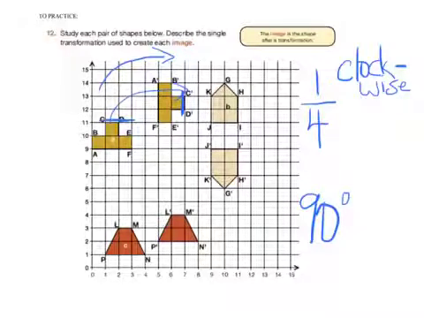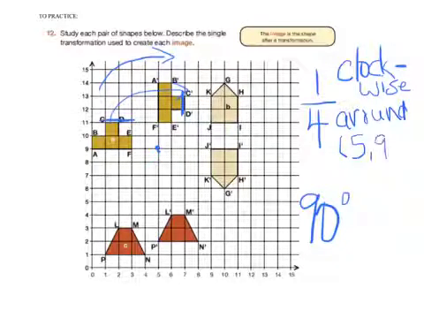So around point, and remembering over then up, 5, 9. Clockwise around 5, 9. Remembering I need my brackets and my comma in order to make that an ordered pair. You could also say 90 degrees clockwise around point 5, 9.